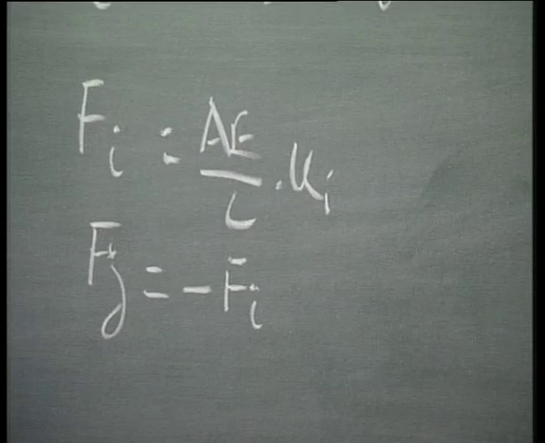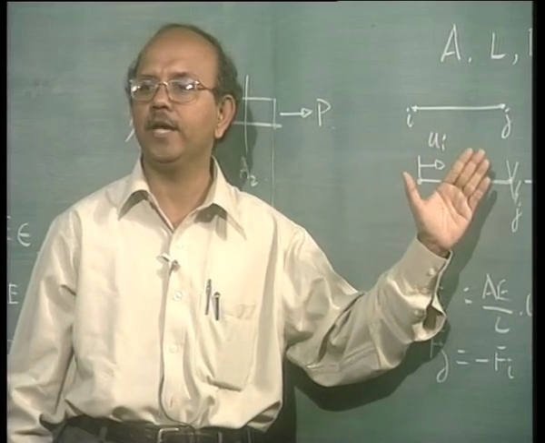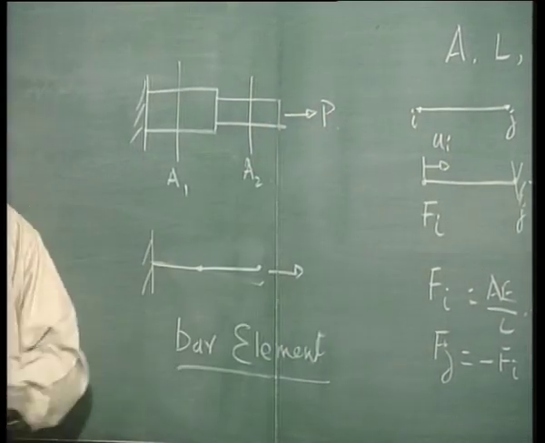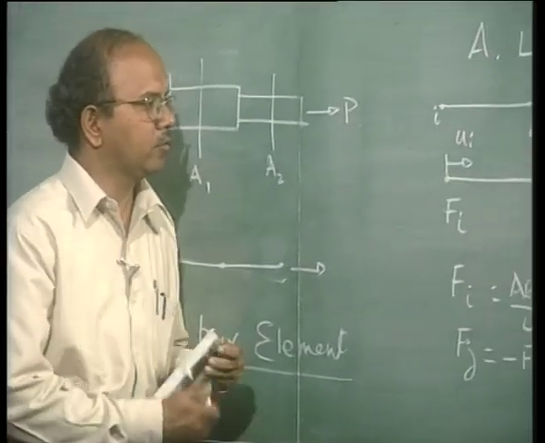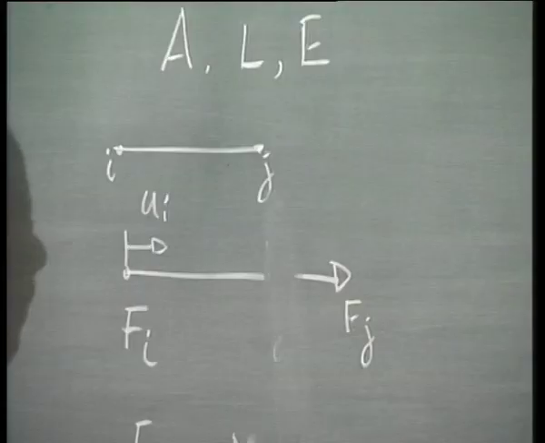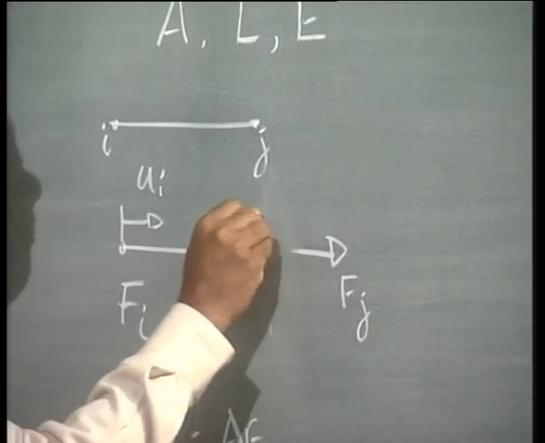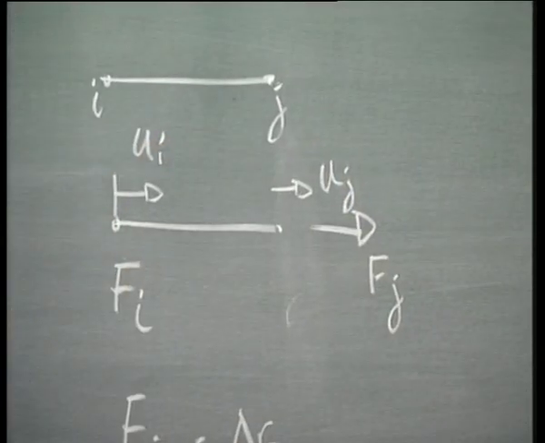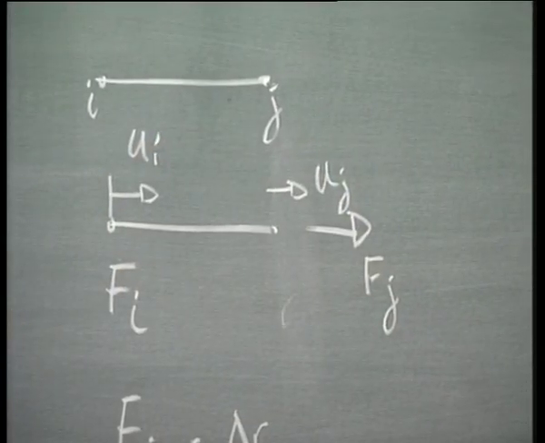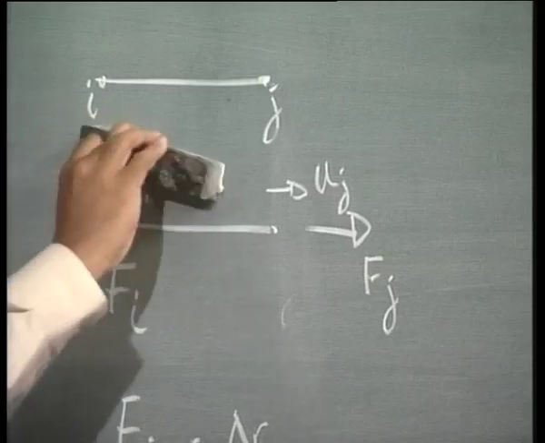Now, let me again repeat this with j free, applying a displacement of uj and fixing i. What am I going to do? I am now going to release this guy and say that let j move from the original position by an amount uj, and let me fix this position.